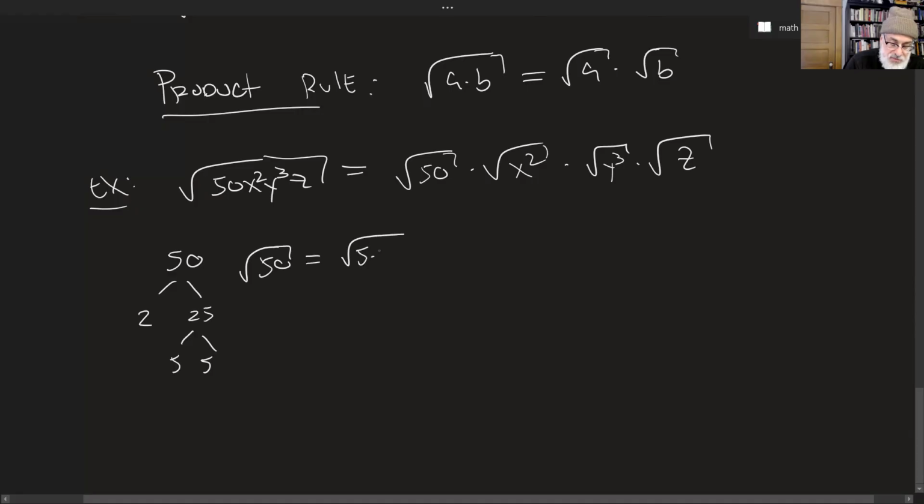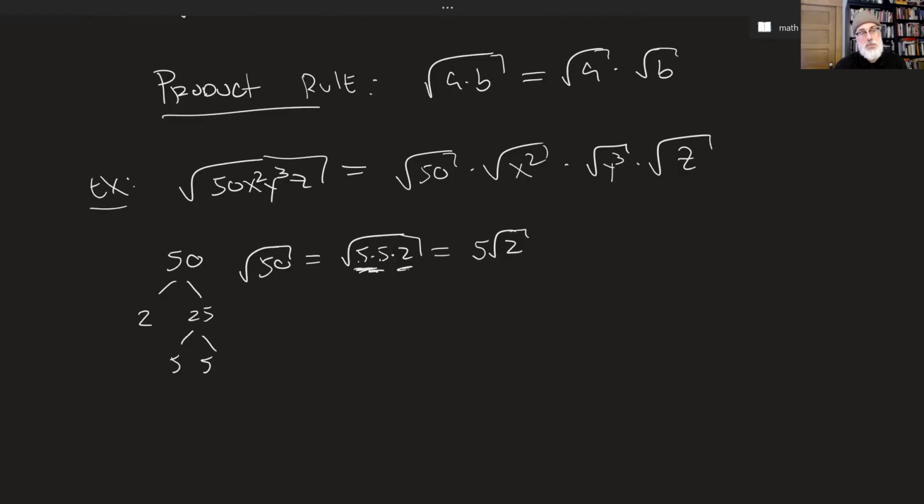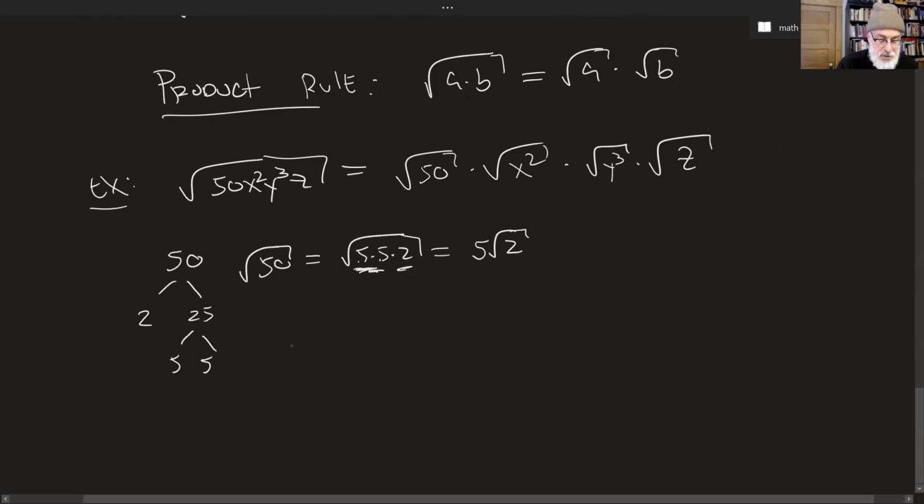Since it's a square root, I want two numbers that multiply to give me 25 in this case. I can evaluate that. In other words, I can bring it out. 2 does not decompose that way. We can't have two numbers that multiply to give me 2 that are the same number because 2 is prime. So the square root of 50 becomes 5 square root of 2.